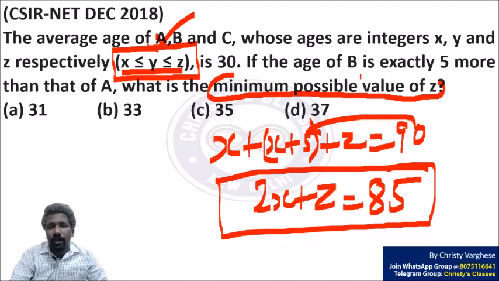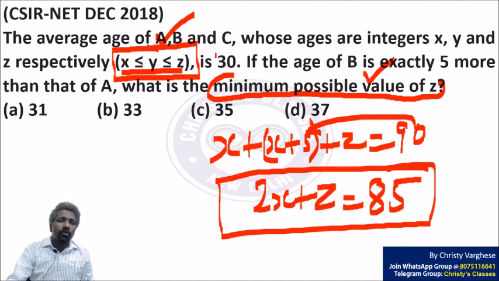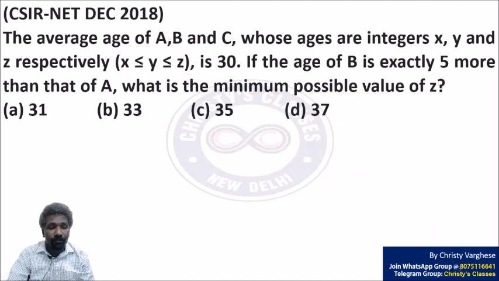Satisfying that condition only we can find the minimum possible value of z. What does that condition mean? Age of A less than or equal to age of B less than or equal to age of C, that is z. So let's check the answer options, because that is the easiest way you have.